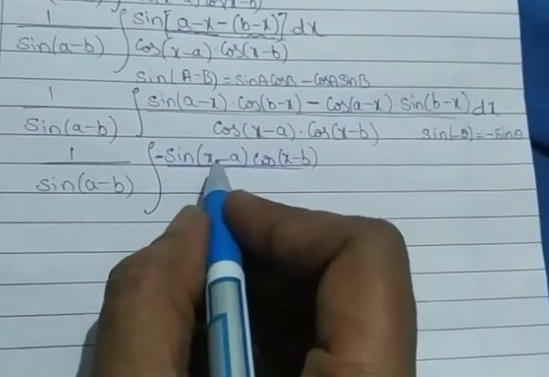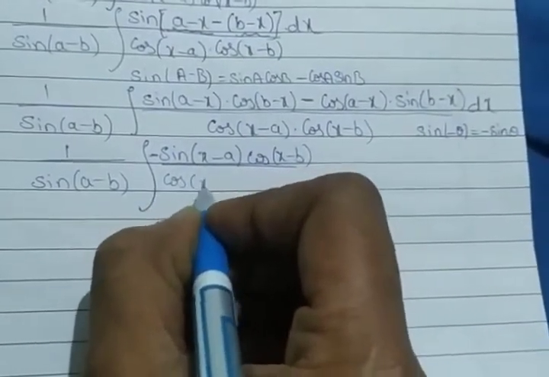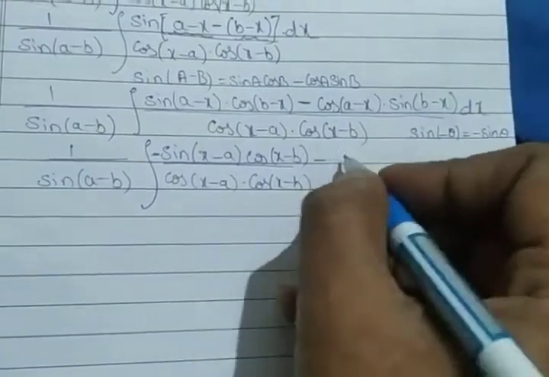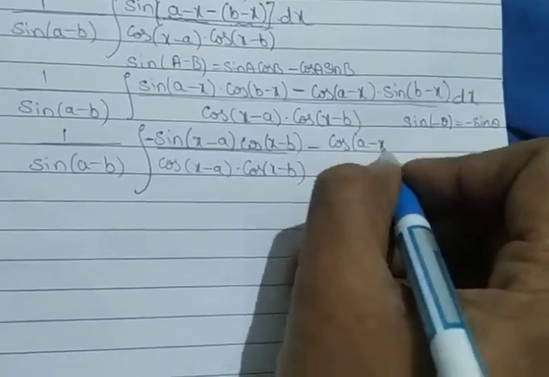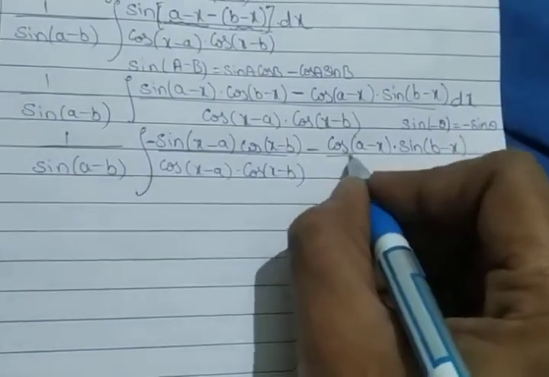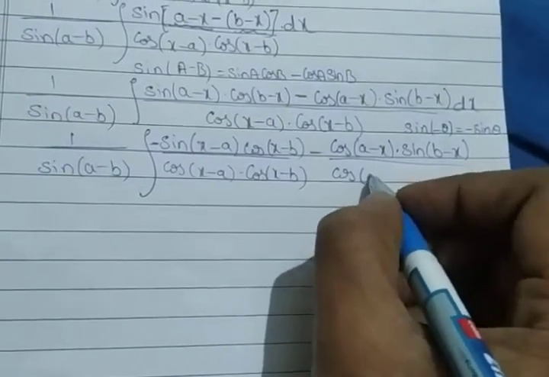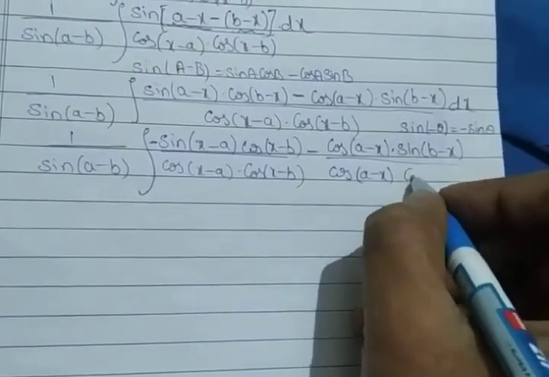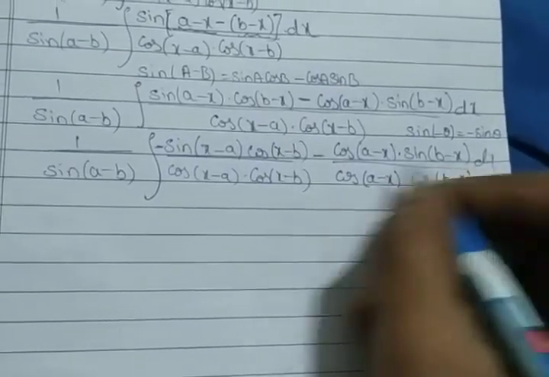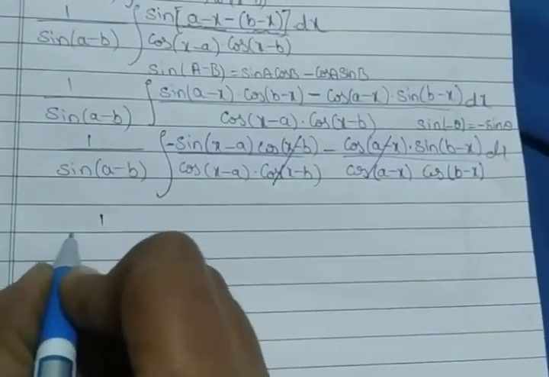So cos x minus a into cos x minus b minus cos a minus x into sin b minus x divided by cos a minus x into cos b minus x dx, which gets cancelled.